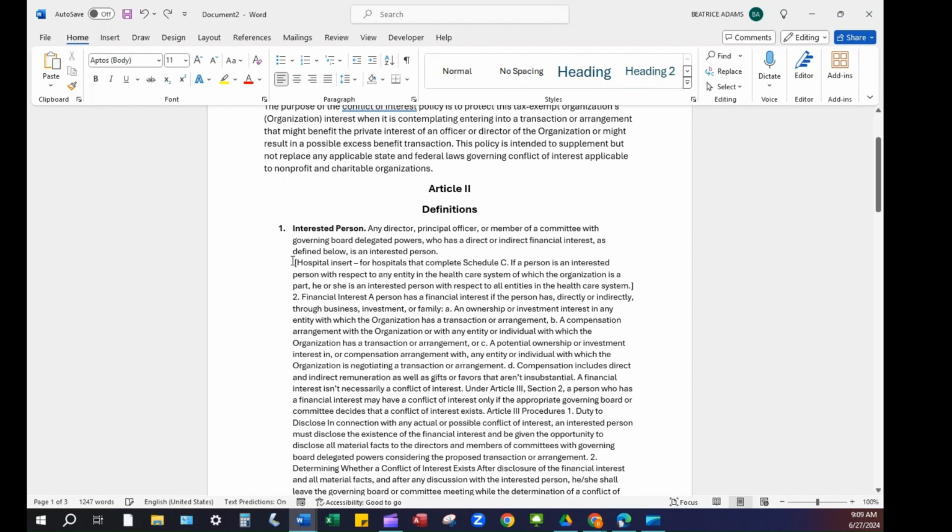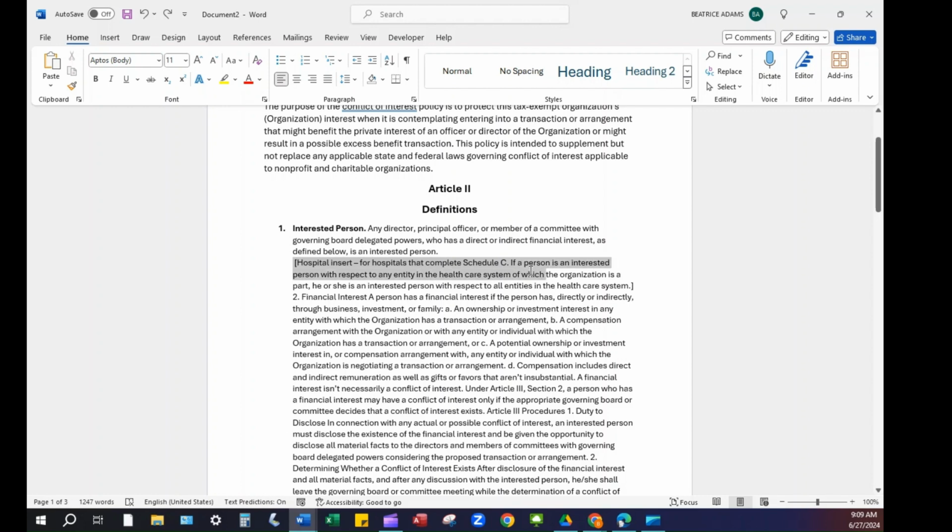So right here, it's talking about hospital. If you are a hospital, it's telling you, or you're starting a nonprofit that will be a hospital, then it's telling you for hospitals that complete Section C, because they're Schedule C, because as a hospital, you will have to complete certain schedules.